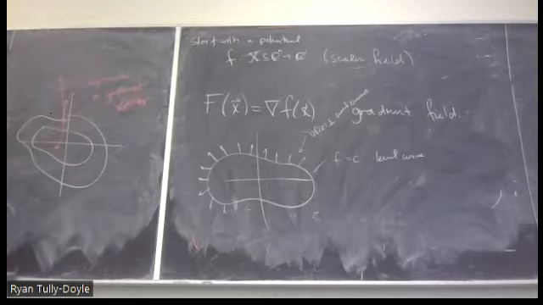The idea here being, if this is the gradient of the function, and this is the gradient of the function, the velocity vector of the path is equal to the gradient vector that came from the vector field. Okay.